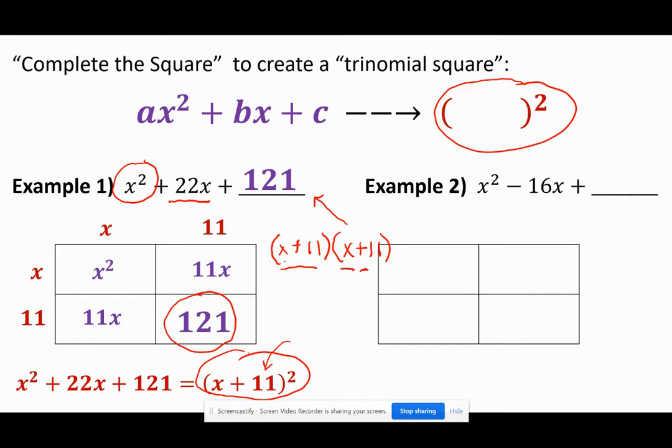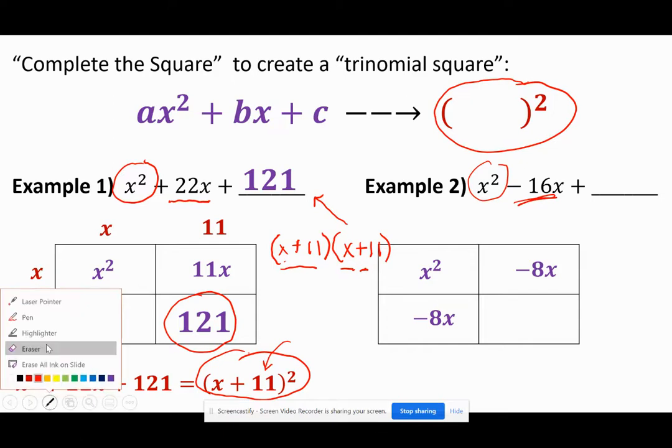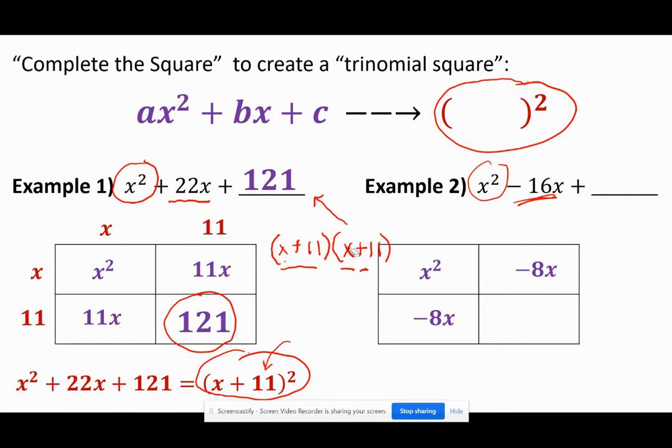You make your box. You put x squared in the top left. That's this first term. You split this middle term directly in half. And now you put what would be on the outside of the box.